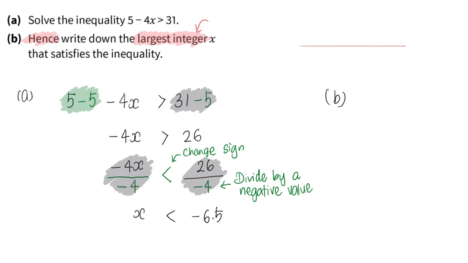And because it is rough working, having negative 6 and negative 7, negative 6.5 is here.